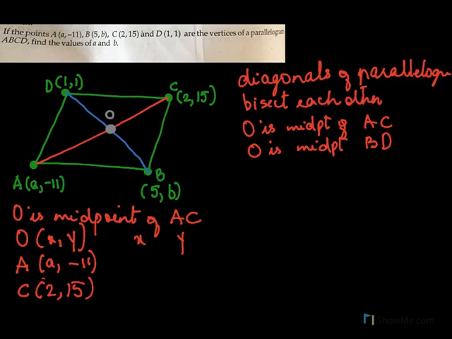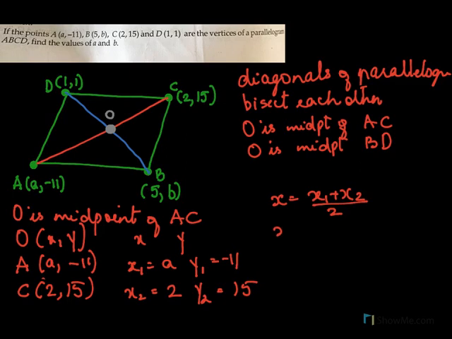So we have X and we have Y. We have X1 is A, Y1 is minus 11, X2 is 2, and Y2 is 15. Midpoint formula: X equal to X1 plus X2 divided by 2. So X is A plus 2 divided by 2.